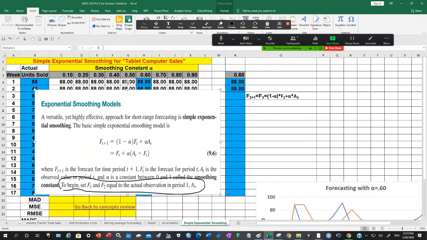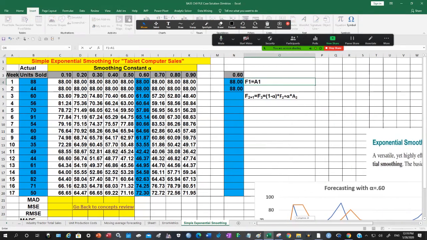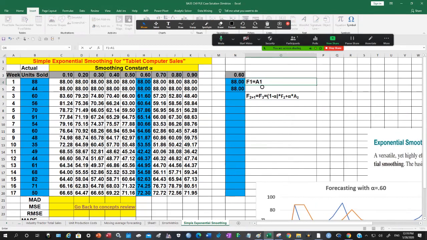So what we do, this is F1. F1 equals A1. So this is F1, and this is A1, the actual in period 1.